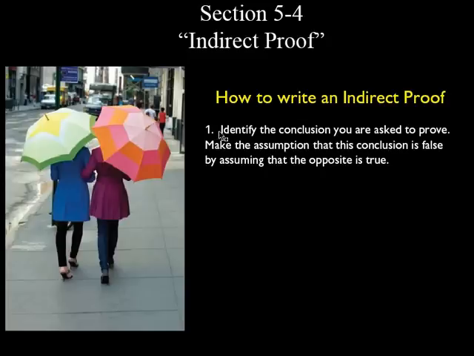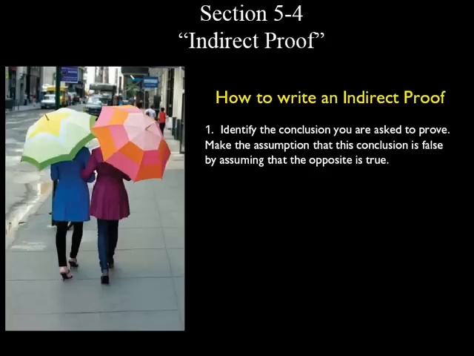So, how to write an indirect proof. The very first step says, identify the conclusion you were asked to prove. So what were we trying to prove with this umbrella thing? We were trying to prove that it is not raining outside, right? So that's what I want to try to prove. And the next step says, make the assumption that this conclusion is false by assuming that the opposite is true. So what were we trying to prove?